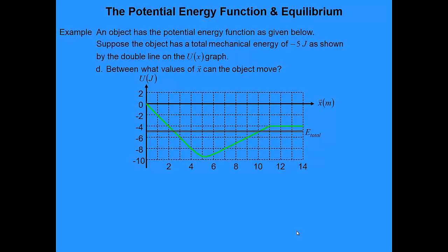Now here's the weirdest question of the day. Between what values of x can the object move? What? It can move the whole thing, right? Well, not necessarily. Just because the function exists doesn't mean an object can actually be at all points on the function. Take a marble in a bowl.